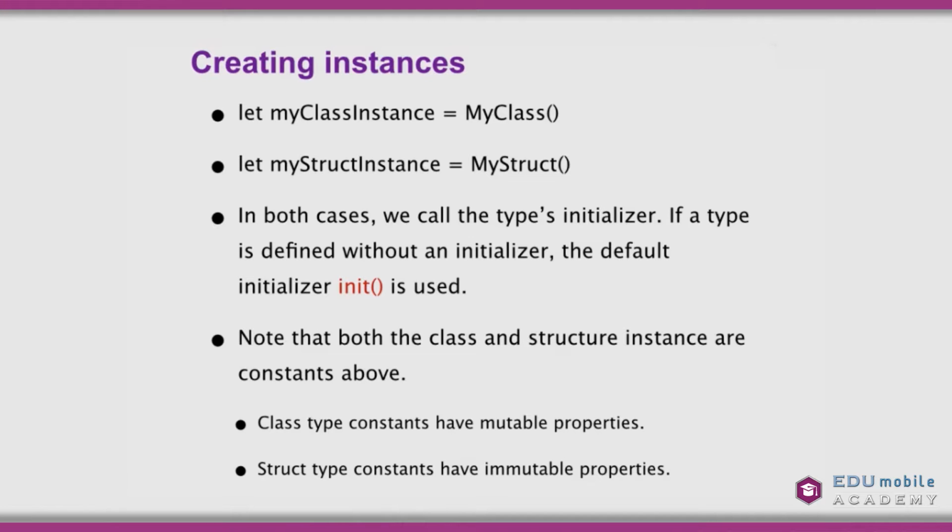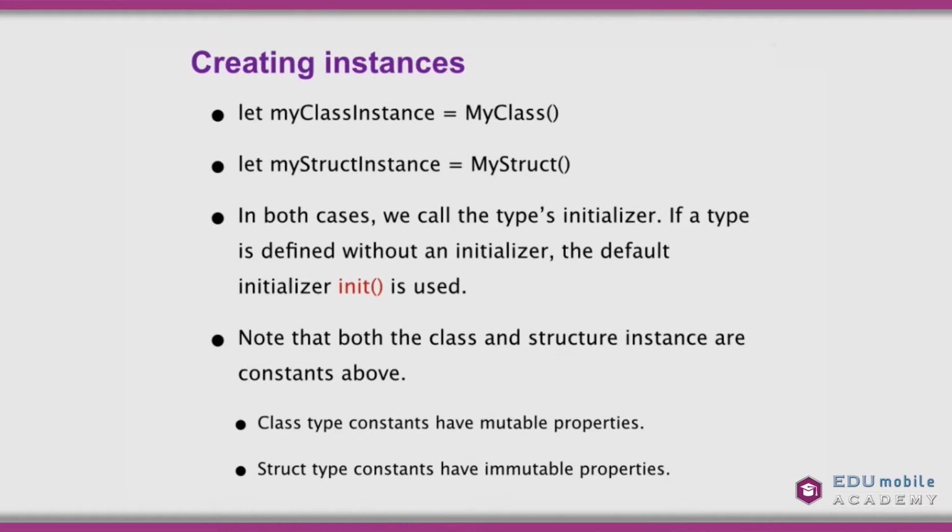In both cases, we're calling the type's initializer, its init method. Now, if a type is defined without an initializer, if it doesn't have an init method, a couple of things have to be true. First of all, all of its stored properties, which we'll get to when we talk about properties, all of those have to have a value when it's initialized. In other words, they have to have a value assigned to them at declaration time.